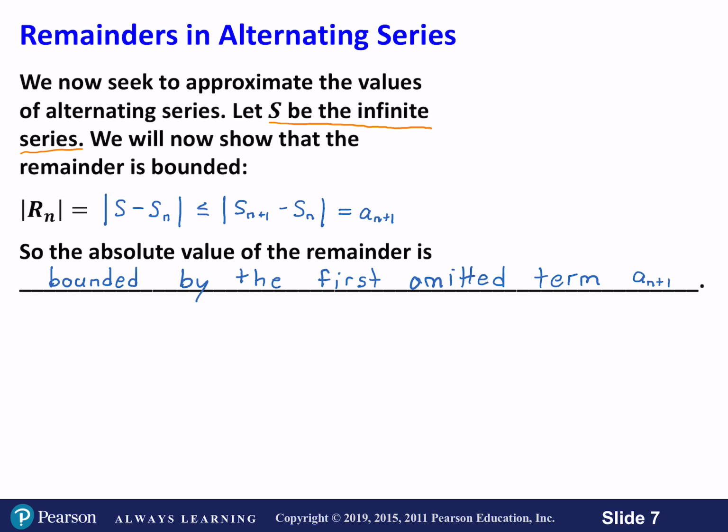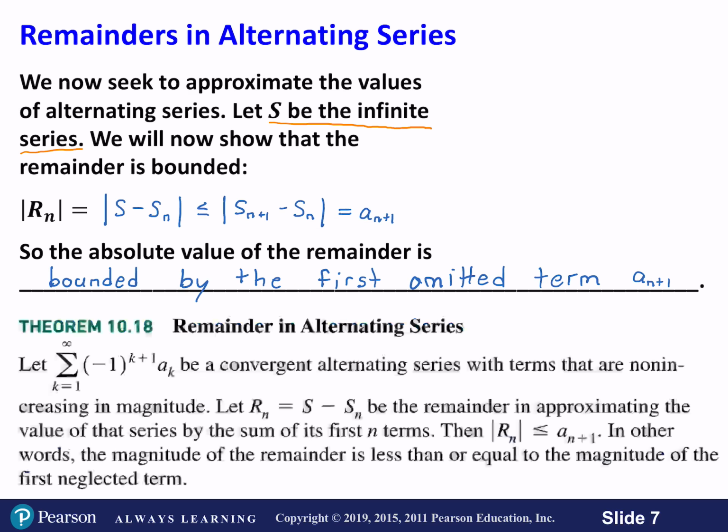Okay, so here's the takeaway. The error for an alternating series is bounded by the first term that you left off of that series. And this will become a lot clearer when I do the example in a second. But here's the formal theorem. Let me just read it along with you. We're going to let the sum from k equals 1 to infinity of negative 1 to the k plus 1, ak, be a convergent alternating series with terms that are non-increasing in magnitude.